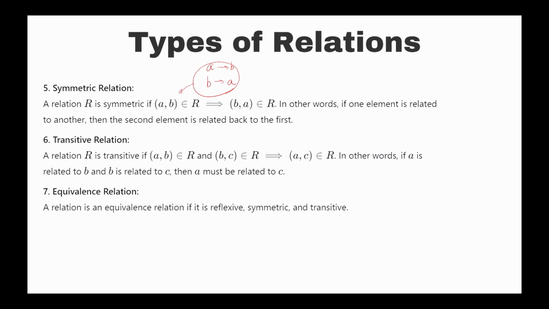Now one thing that you need to keep in mind: if my relation is not symmetric, let's say I check and my relation does not come out to be symmetric, this does not mean that it is antisymmetric. It can still be not antisymmetric. So let me write that line down for you. If a relation is not symmetric, it does not mean the relation is antisymmetric.